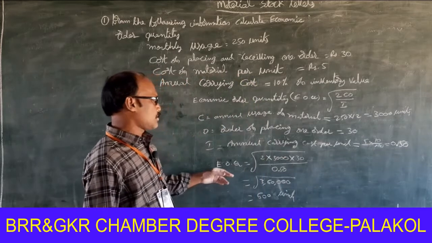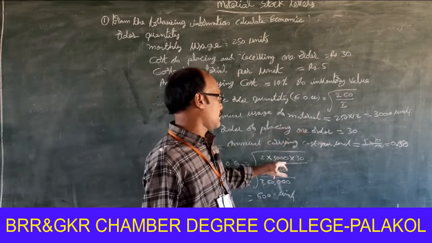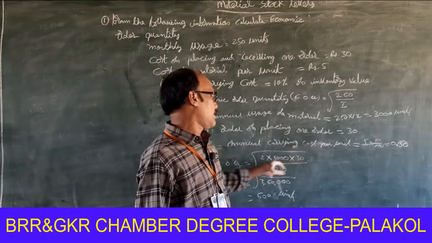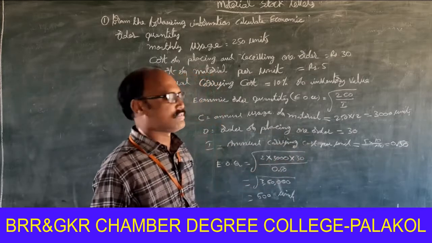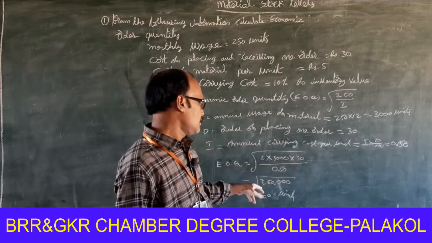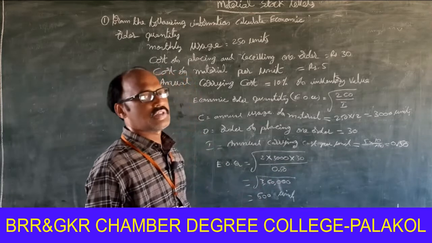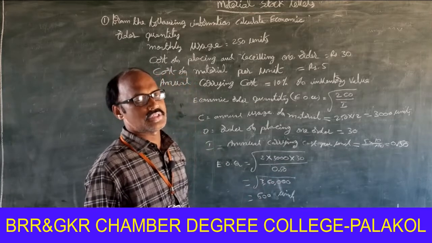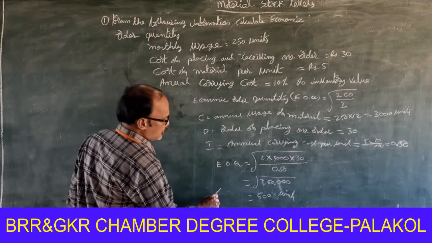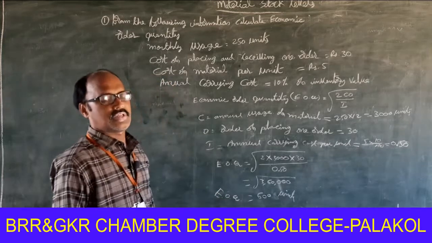EOQ is equal to the root of 2 into 3,000 into 30 divided by 0.50, that is the root of 3,60,000. So 600 units is to be treated as the EOQ, economic order quantity.